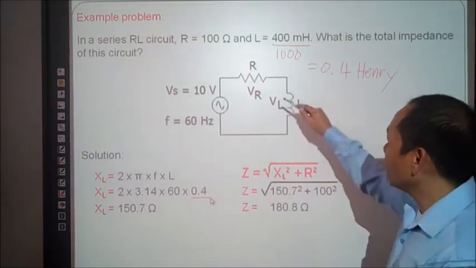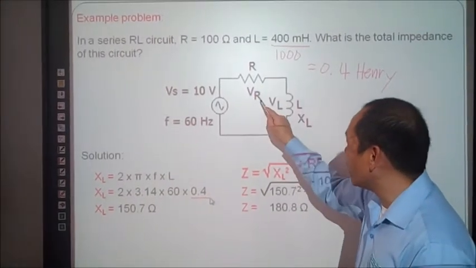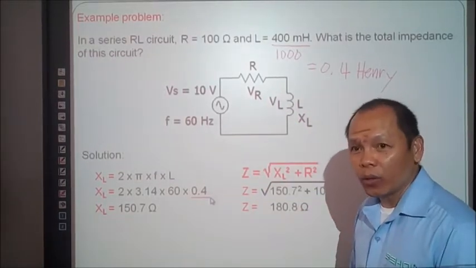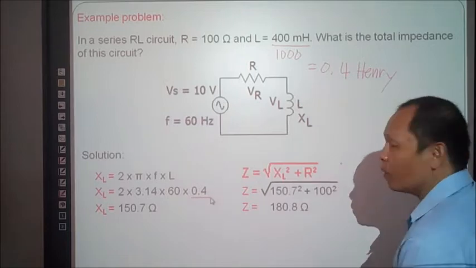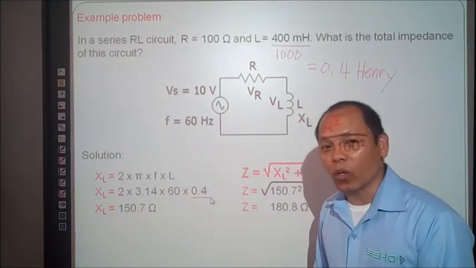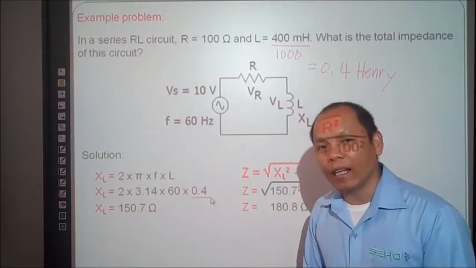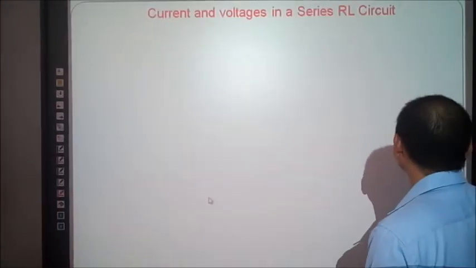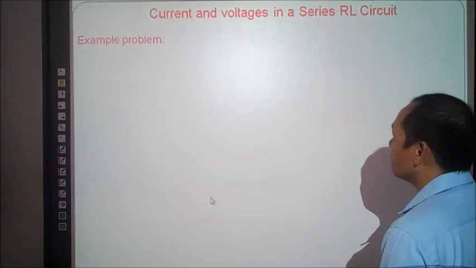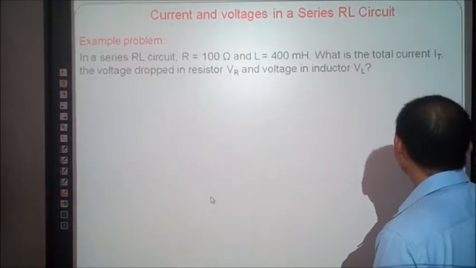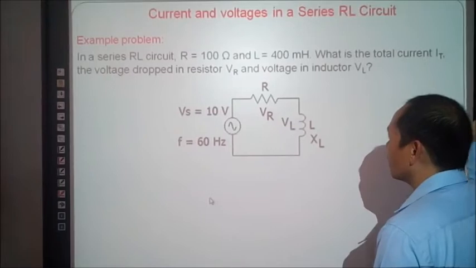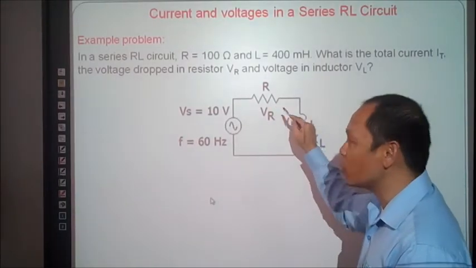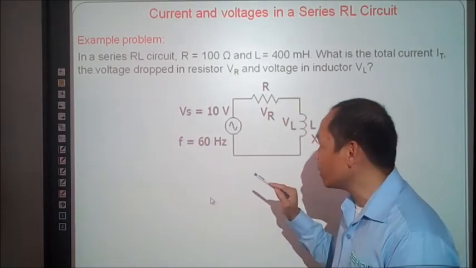Now, what if we are going to solve for the voltage of the resistor and the voltage of the inductor? Okay, so apply now Ohm's law to solve for the voltage and the current. The same problem or circuit, but we are going to solve for the voltage of the resistor and the voltage of the inductor.